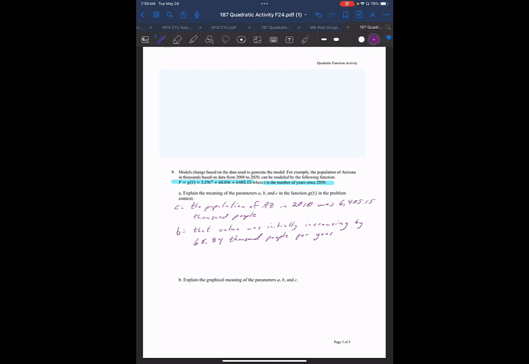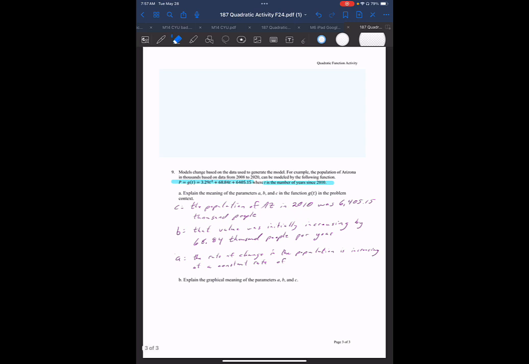And then the A parameter tells us that the rate of change in the population is increasing at a constant rate of, it's going to be 3.29 times 2, and 3.29 times 2 is 6.58.